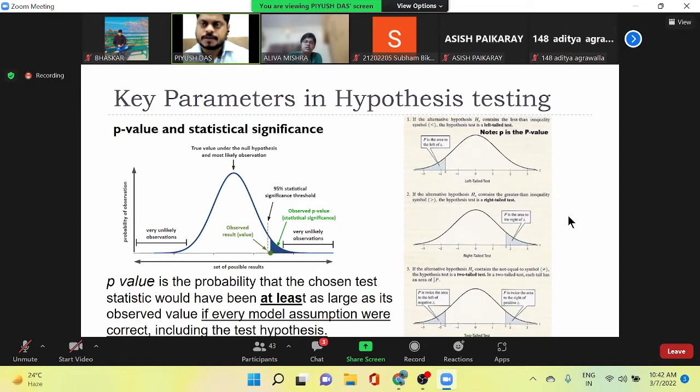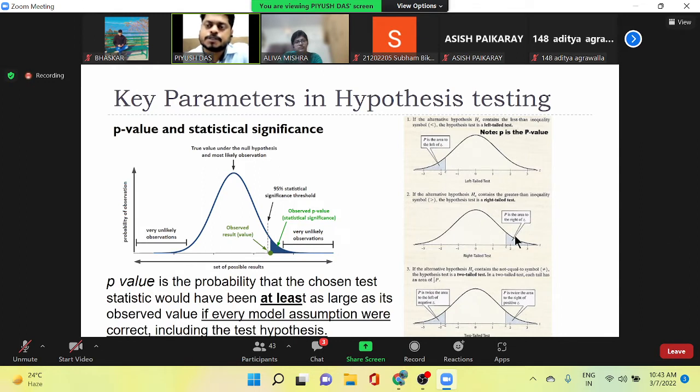What we are trying to do with hypothesis testing is reject it. Our aim is not to prove the null hypothesis. Our aim is always to reject the null hypothesis. Remember, we work through a null hypothesis, but our aim is to reject it. It is not that I'm trying to prove it.